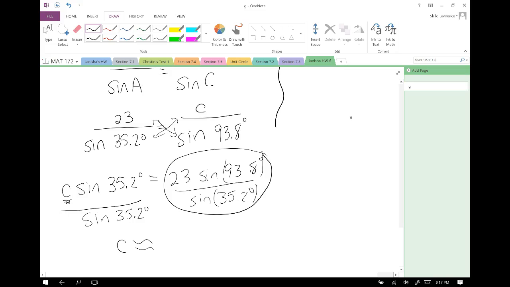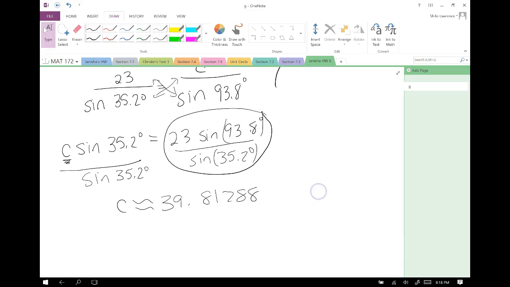So C on my first triangle is going to be 23 sine of 93.8 divided by sine of 35.2. My calculator is saying 39.81288. My Labs Plus wants it rounded to the nearest whole number, so we're going to say 40.